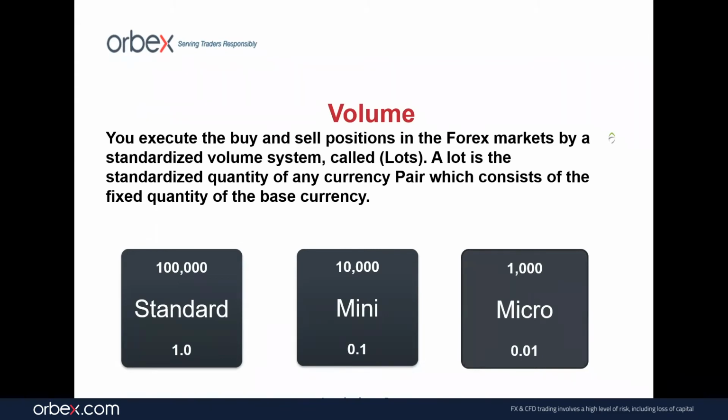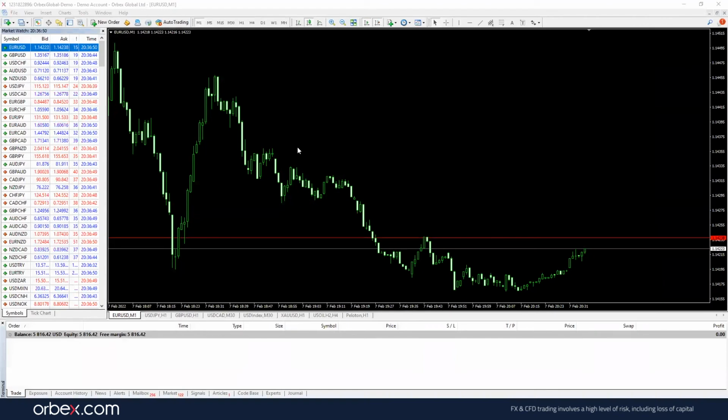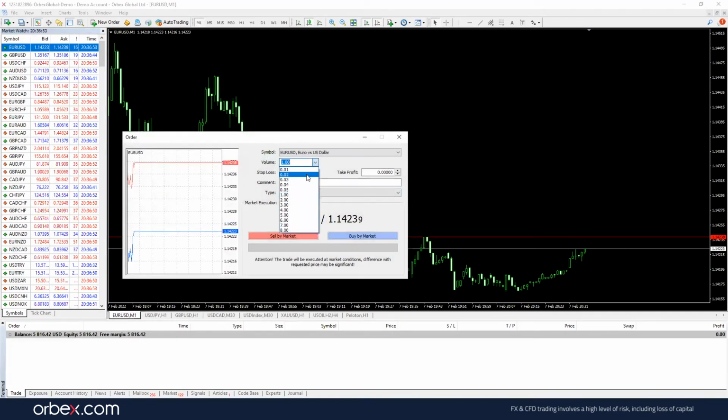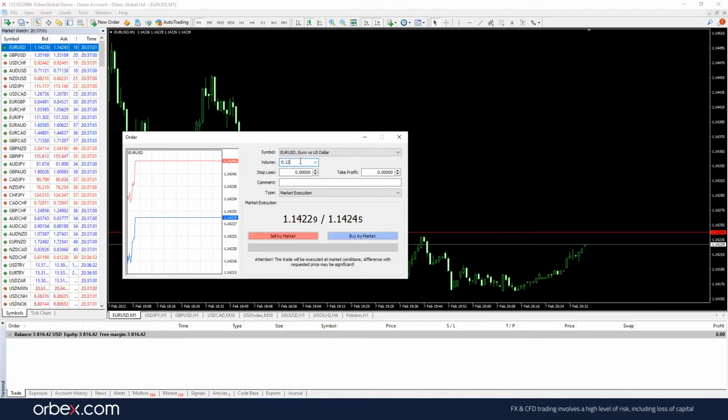So going back to the MT4 platform, as you can see here, if you click on here, we can go right down to a micro lot 0.01, or we can type it in manually. That's a mini lot 0.10, or we can go 0.12, 0.14, we can go as low as 0.01, which is a micro lot.